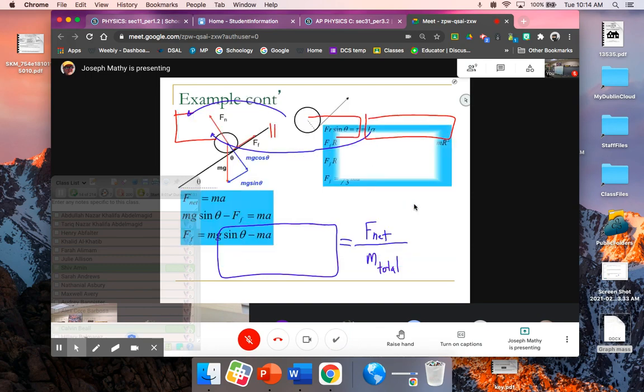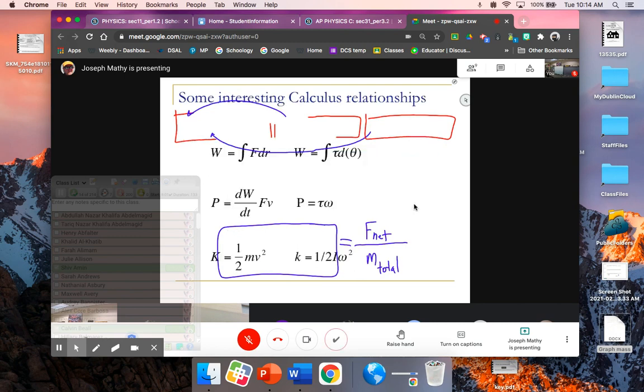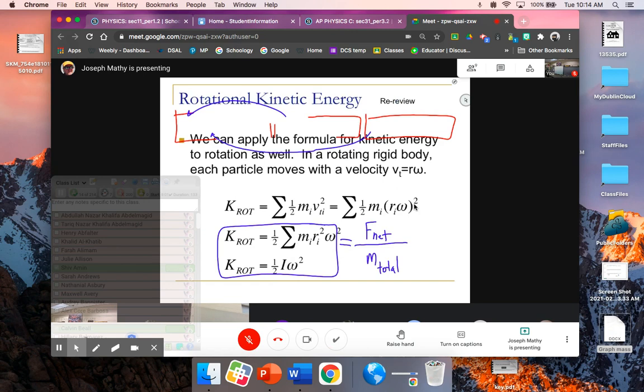Ladies and gentlemen, what I would like to finish by saying is this. We know that rotational kinetic energy comes from 1/2 mv squared, where we substitute in for the v with rotational terms.